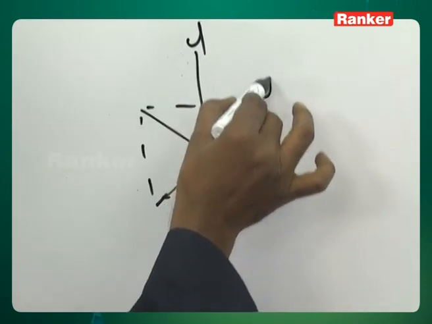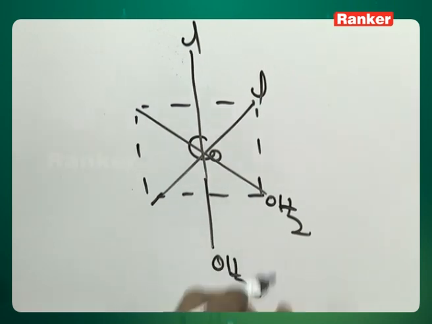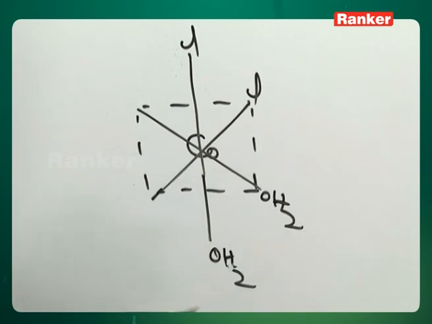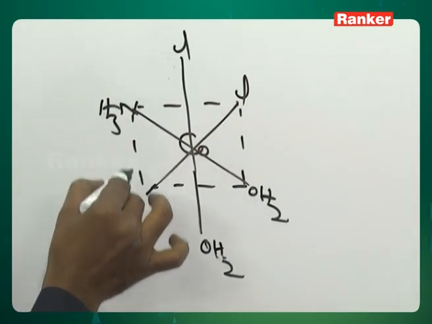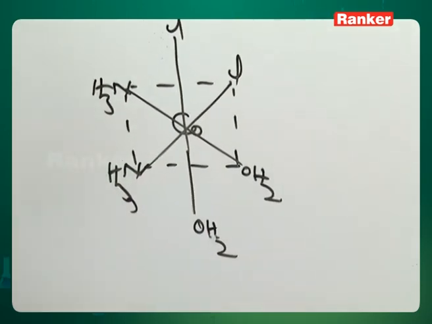Look here, Cl cis, aqua ligands cis to each other, next, amines cis to each other. This is what cis.